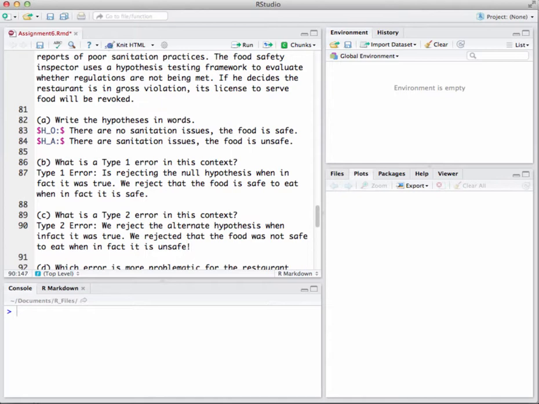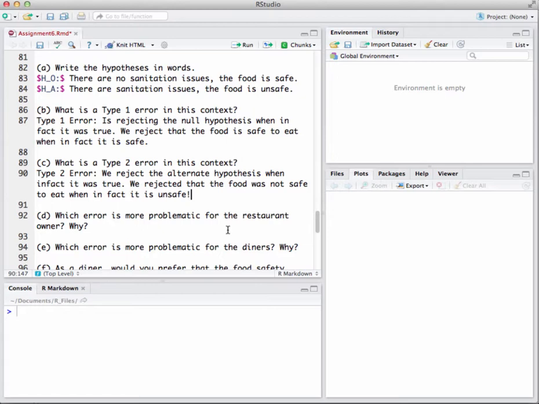So that's bad, right? In other words, a type 2 error here means that we rejected that there are sanitation issues and the food is unsafe, when in fact that was true. That was the truth of it. And we rolled with or supported the null hypothesis that there was no sanitation issues.